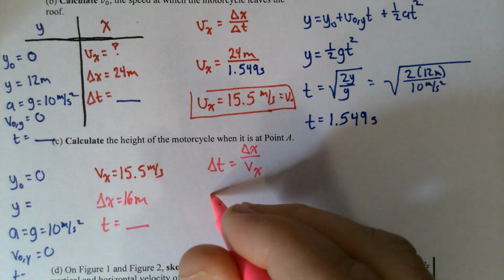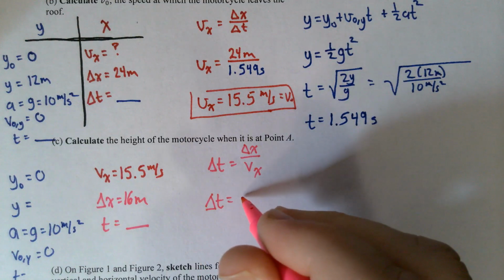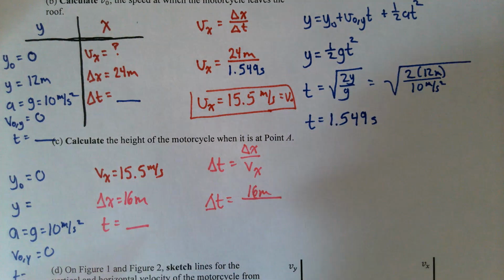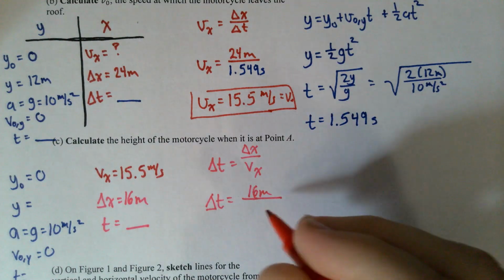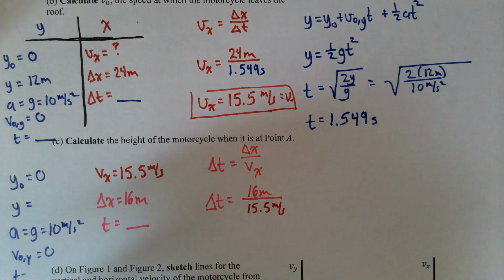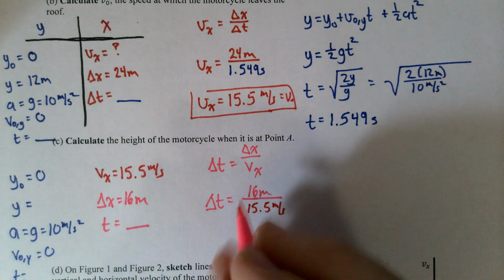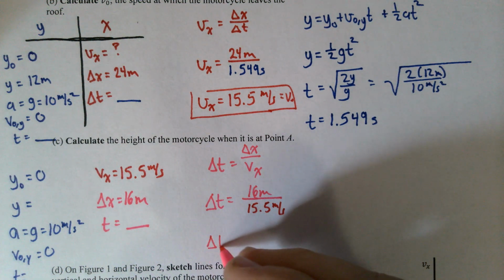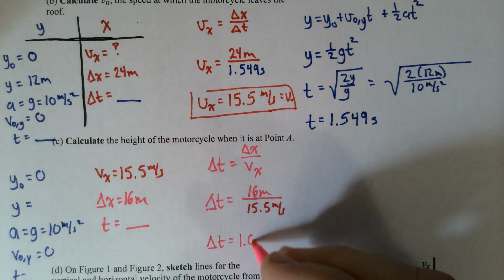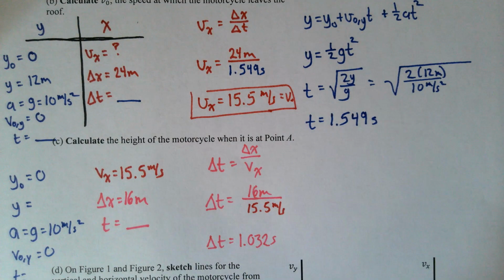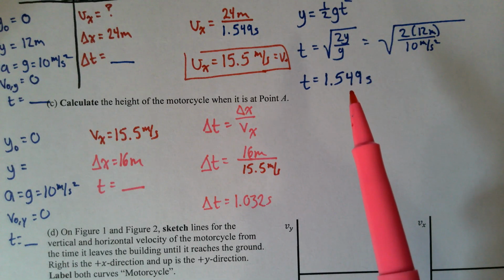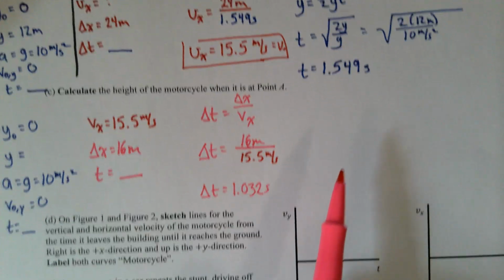Just plug in our same velocity from before and our new displacement: 16 meters, how far I want to go forwards, over 15.5 meters per second. And again, when you pull out the calculator, don't round it off too much. It gives me a delta t of 1.032 seconds, which is reasonable. It should be less than the time needed to go all the way to the ground.